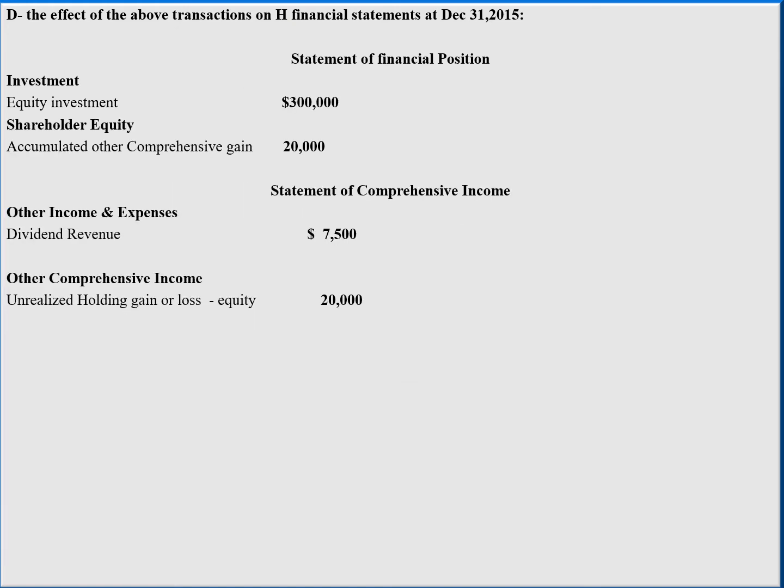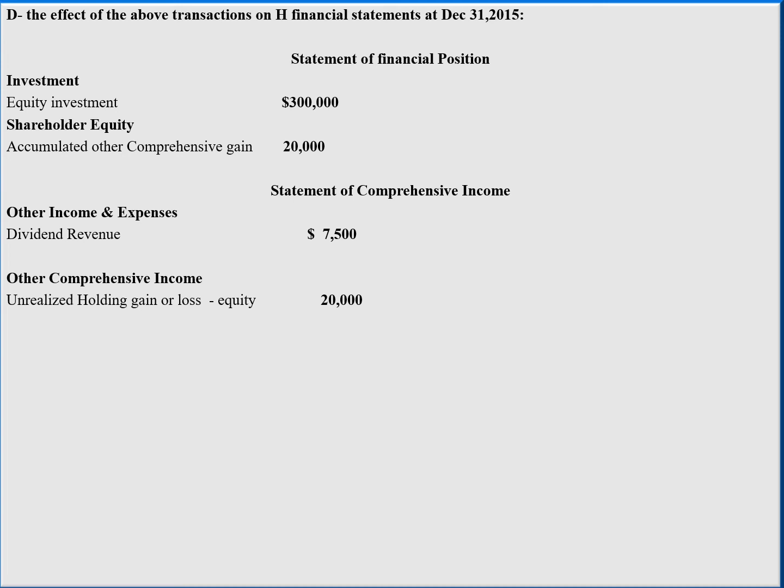Number D. The effect of the above transactions on each financial statement at December 31, 2015. شباب احنا اتفقنا ان في ال case of an equity investment non for trading, unrealized holding gain or loss is considered part of equity, not income. تمام. طب شباب تعالوا كده نشوف the statement of financial position in case of equity investment non for trading.